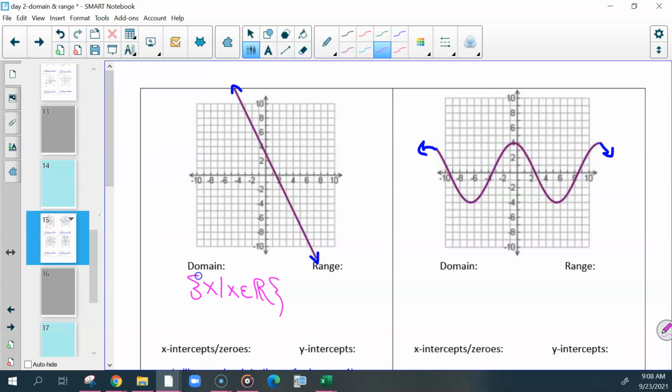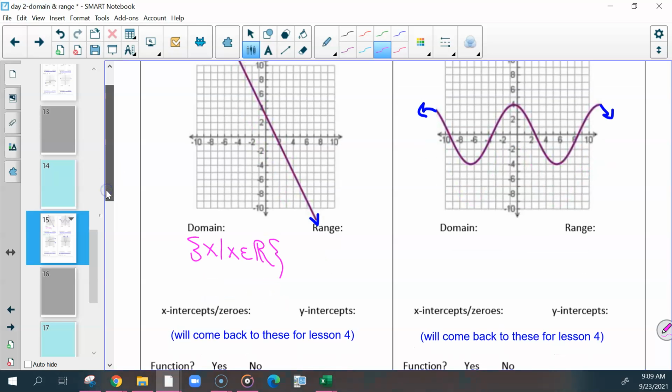What would your range be? It would be the same. This keeps going down, it keeps going up. All real numbers again.